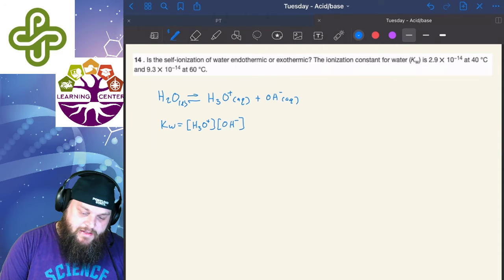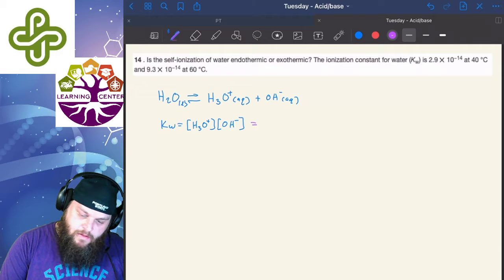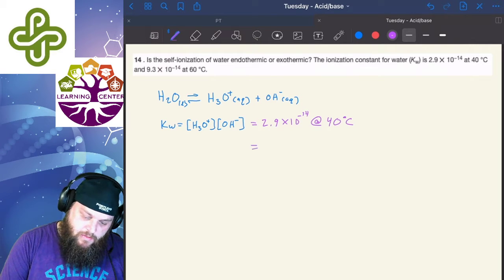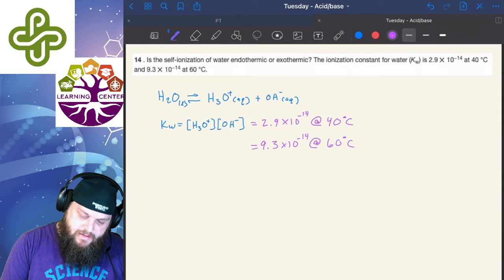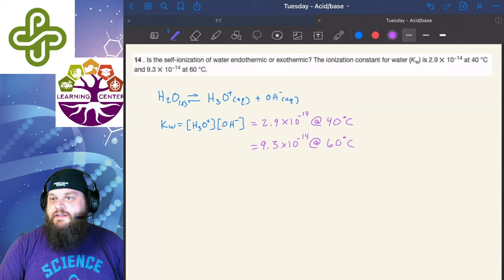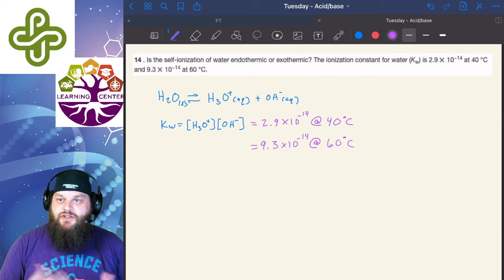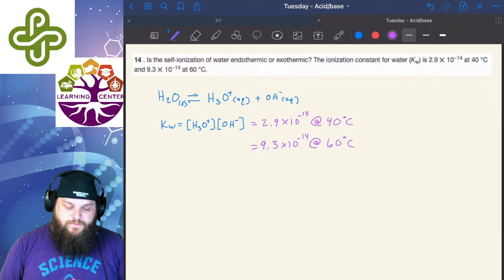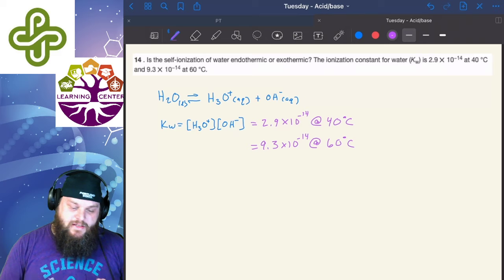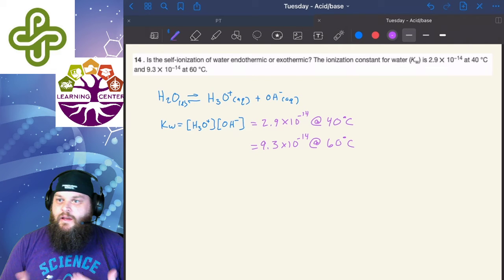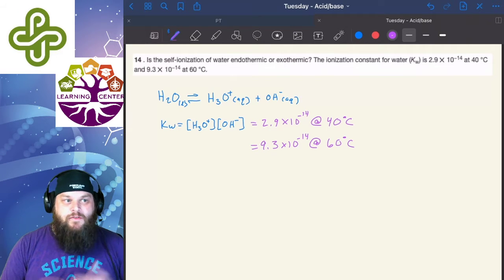And they're saying that this is going to be equal to 2.9 times 10 to the negative 14th power at 40 degrees Celsius, and equal to 9.3 times 10 to the negative 14th power at 60 degrees Celsius. So we can see that they're increasing the temperature, and we're seeing a change in that Kw.